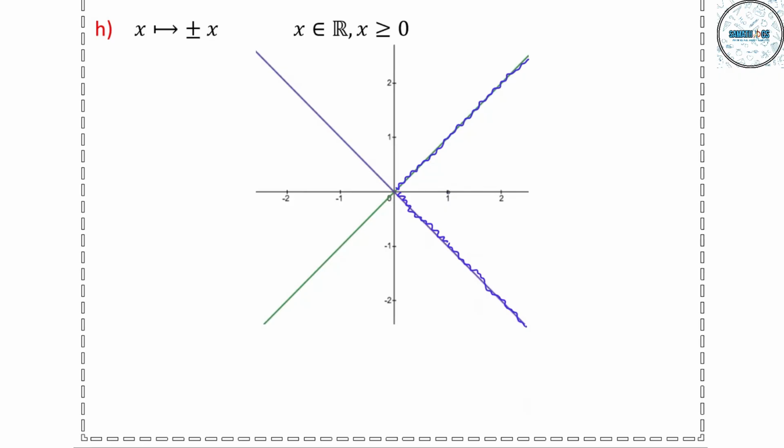You can see for one input, there are two outputs. So it's one-to-many mapping. And one-to-many is not a function.